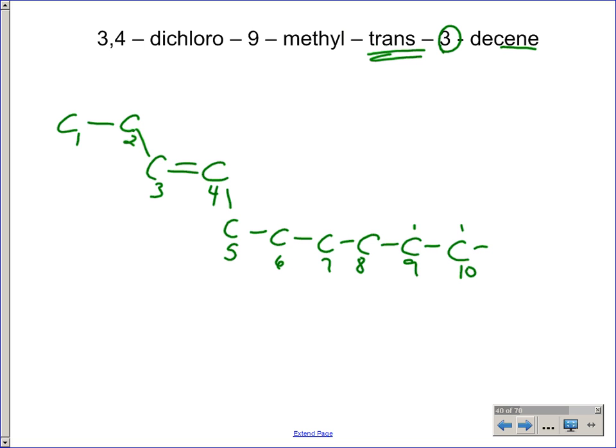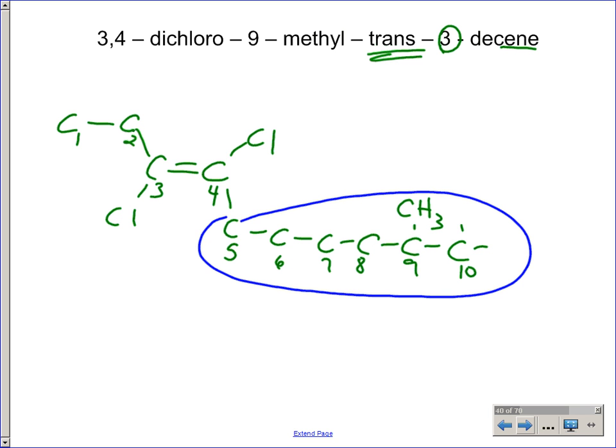When you go ahead and add in our substituents, our methyl is at carbon 9. And we have 2 chlorines at carbons 3 and 4. So I'm going to put chlorine and chlorine. So you can see that the continuation of each side of the carbon chain, those are opposite of one another.